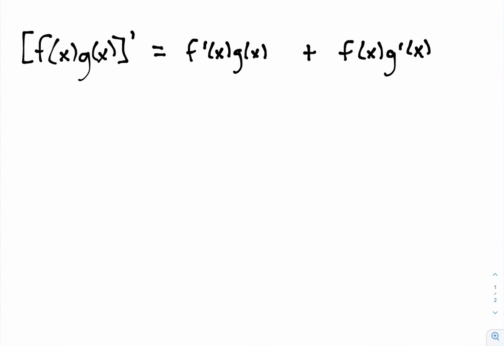So we couldn't just distribute the prime into both of the functions. It's not going to be f prime of x times g prime of x. It followed this specific formula.